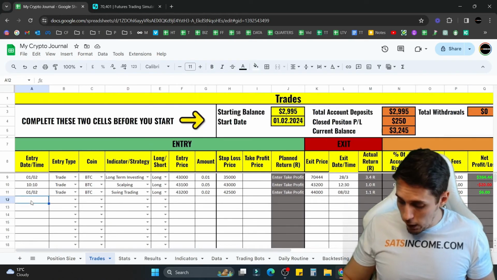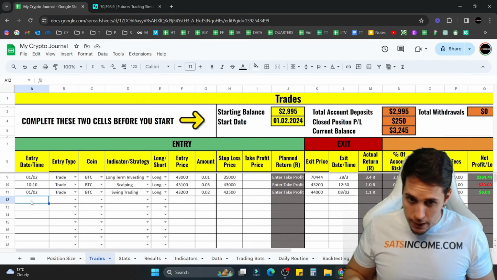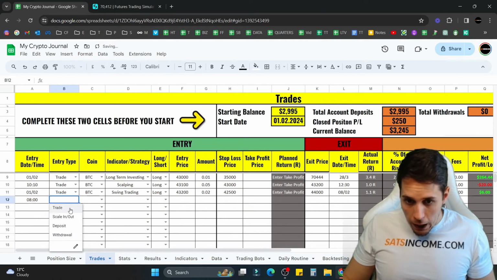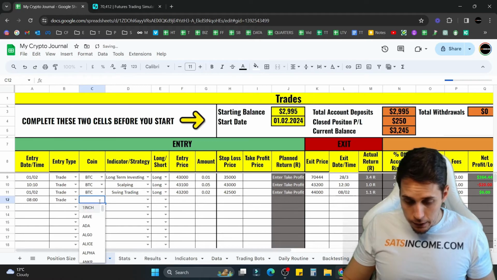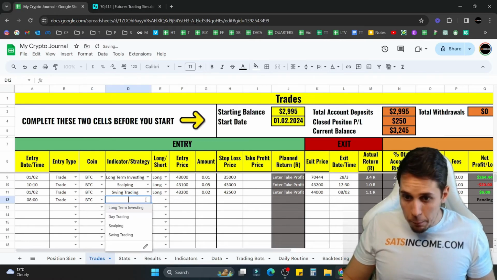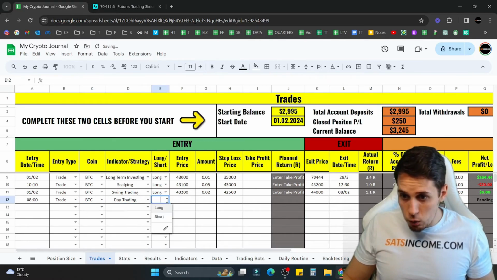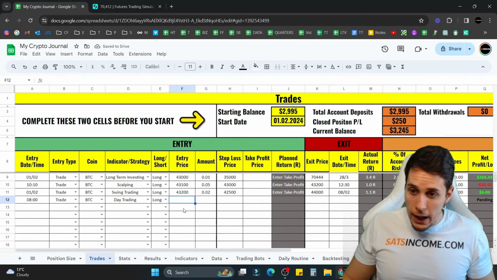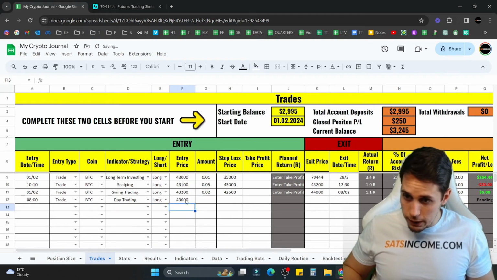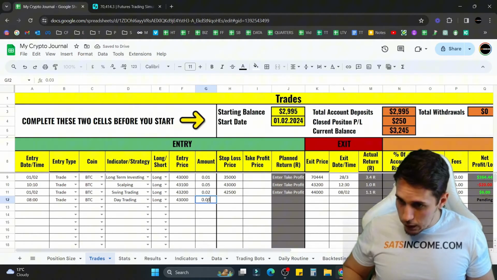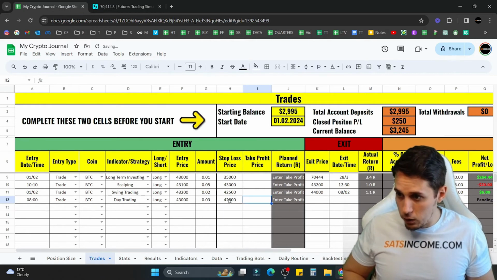Now we also wanna add a day trade, right? So let's say that you enter another trade 8 in the morning and you basically enter again BTC, but this was a day trade, right? Which you held for let's say 8 hours. So entry price was $43,000. The amount here was like 0.03. Your stop loss was at $42,800.